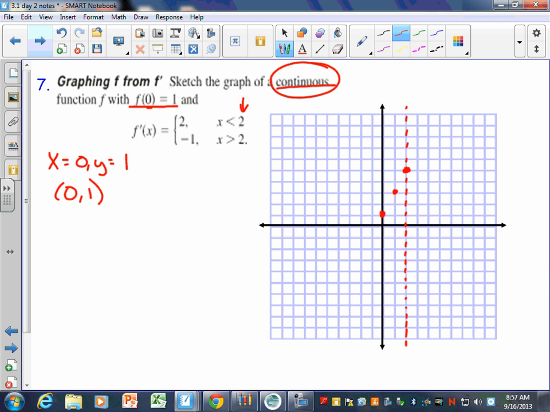Could I start here at -1? How do I have to start? On that dot, because it's continuous, which means it can't have a hole, it can't have a gap, it can't have anything. And from this point, can I make this side have a slope of -1? Yeah, that would be down 1 over +1, down 1 over +1.